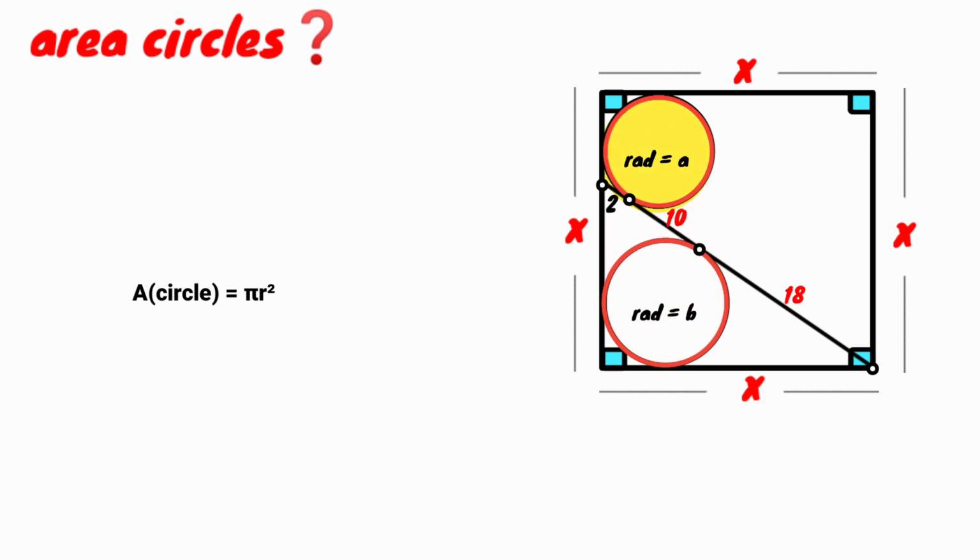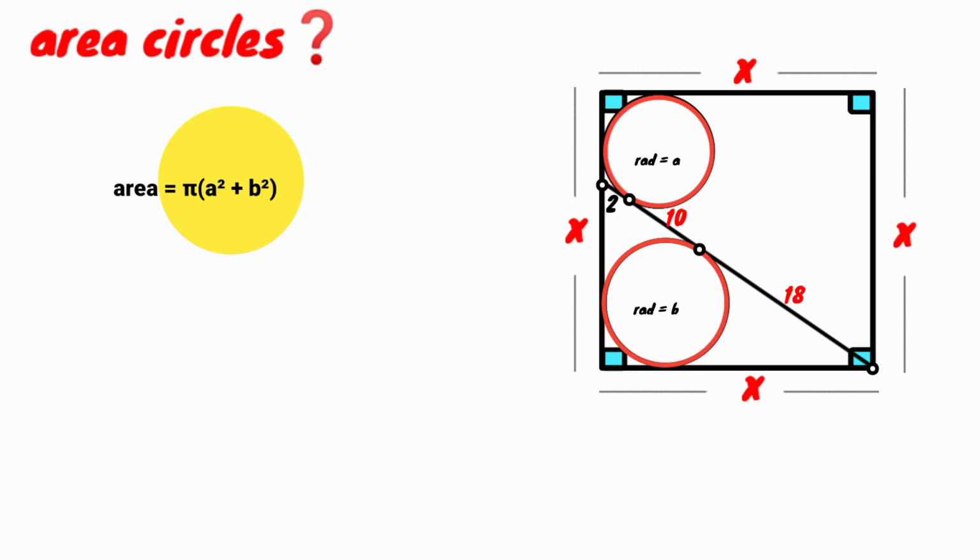The area of this circle is pi a squared and that of this circle is pi b squared. Therefore, the sum area is pi a squared plus pi b squared. Here we factor out pi, so it is pi into bracket a squared plus b squared. Pi is a constant. We need the values of a and b.